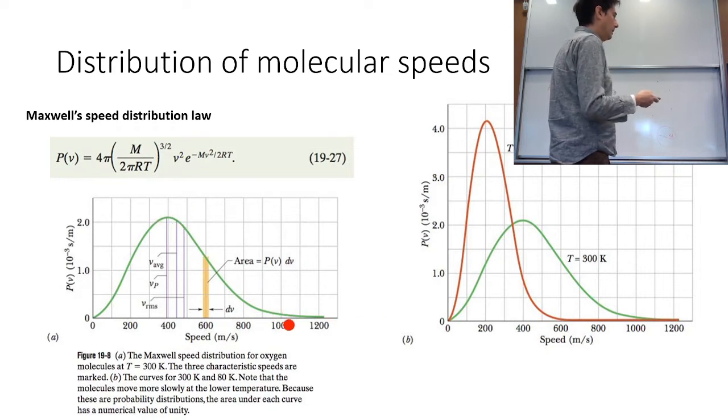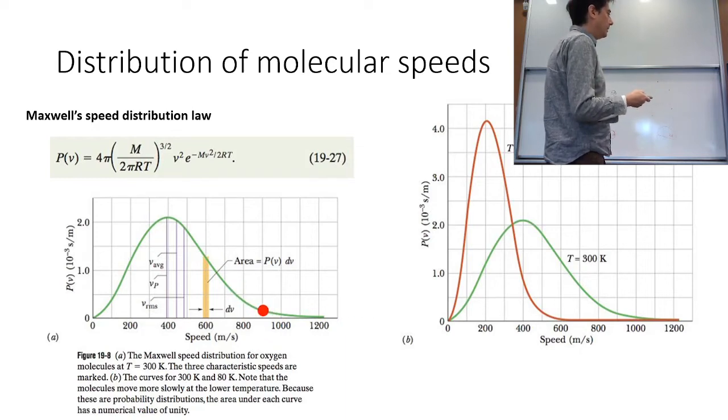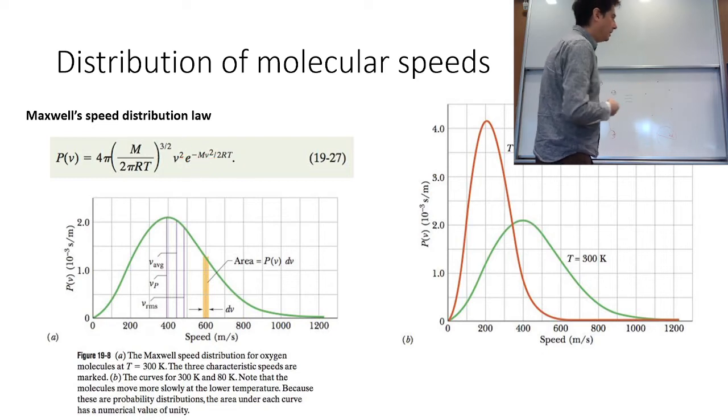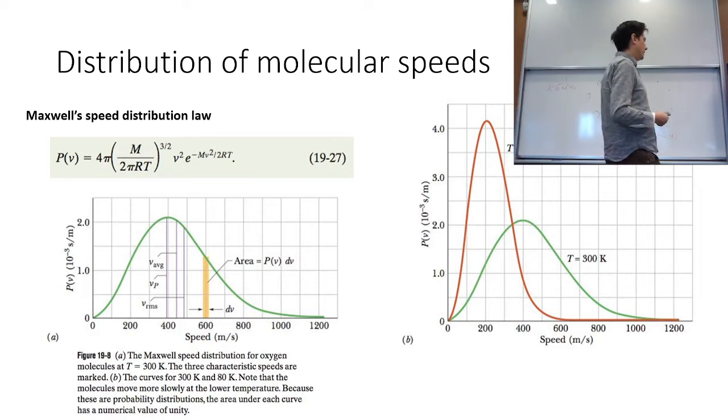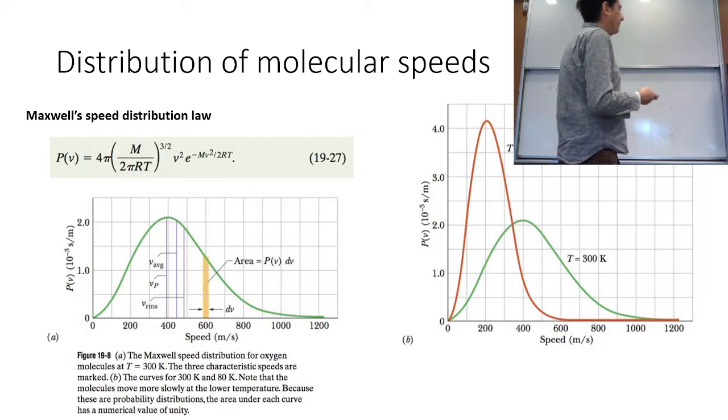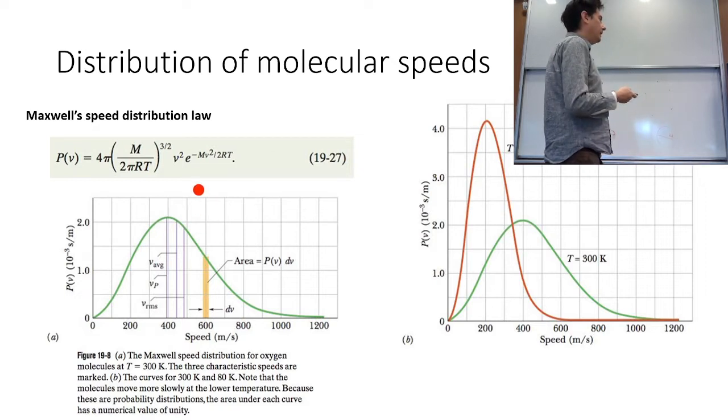So here it's saying that some of the atoms are moving quite fast, but it gets less and less likely. In fact, as you go to higher velocities, this drops off sort of exponentially. Well, it's actually e to the minus v squared, so it drops off even faster than exponentially. And there's a most likely velocity.